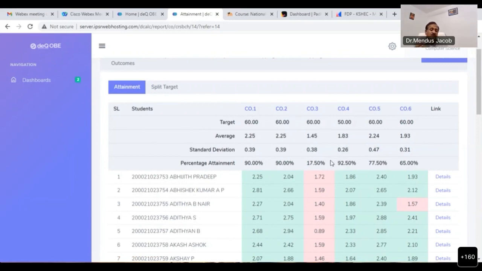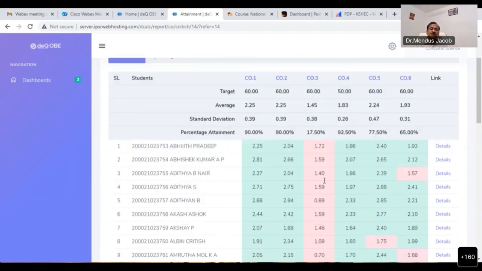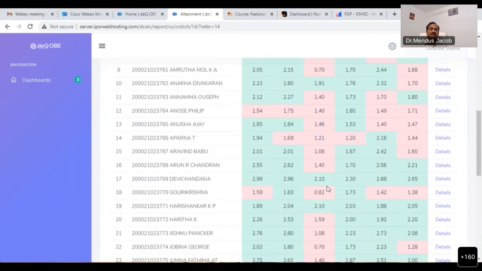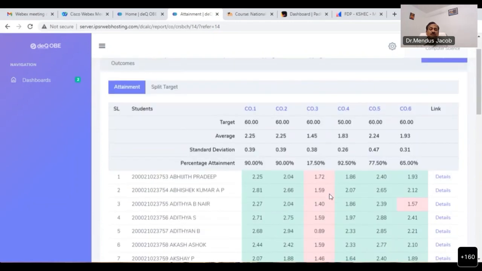But for CO3, only 17.5% of students have achieved the 60% target. So something happened in course outcome number 3. You can see many of the students are scoring less in that CO3.